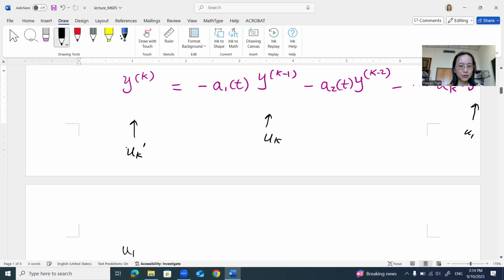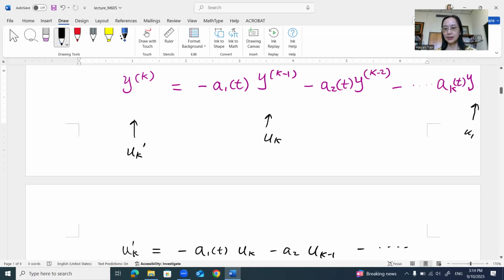This uk first derivative is equal to negative a1 of t uk, minus a2 uk minus 1, and then minus all the way to ak u1.